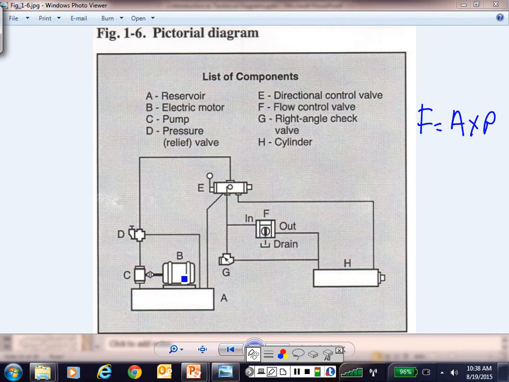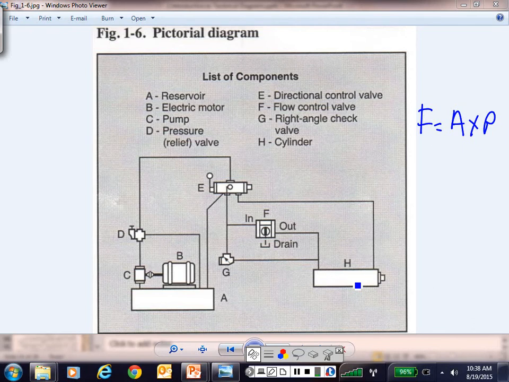Then it goes out through some control valves, and then this goes up. We call this an actuator. So an actuator is a device that takes pressure, takes a force, and converts it into motion. So all motors are actuators. In electricity, though, we don't call them actuators, we call them motors.